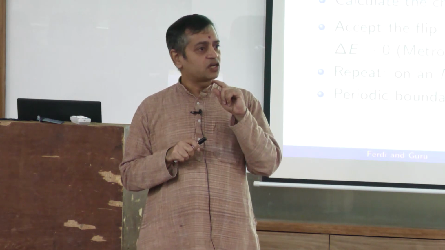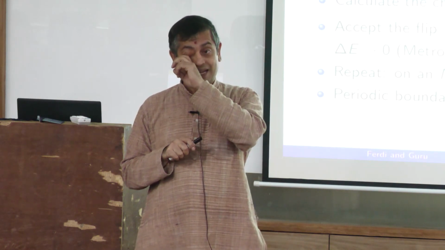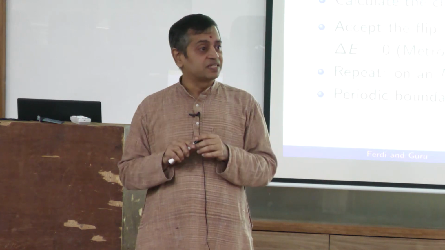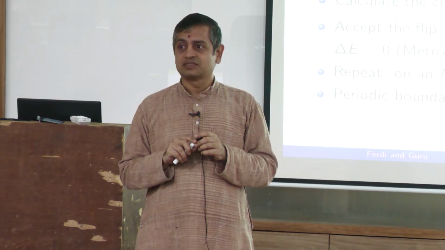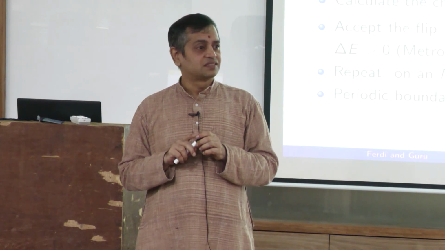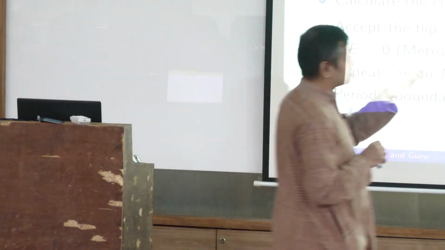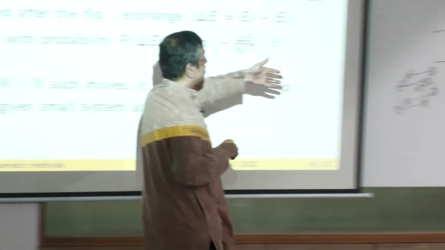So, at this point I also want to know if any of you have done regular solution kinds of models, or what they call mean field models for alloys. No? Okay. These models are where we do this kind of simple construction.